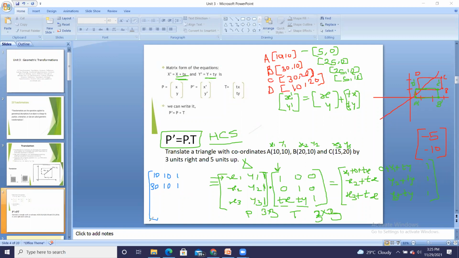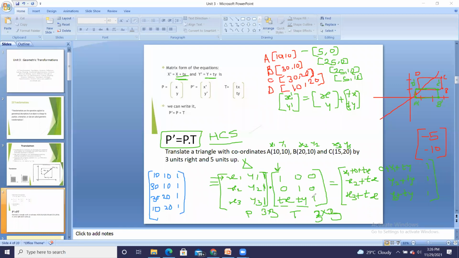Next is your C, 30, 20, 1, and the last is D, 10, 20, and 1. Up to this, is there any difficulty? All of you have understood what I have done? Yes, ma'am. Okay.